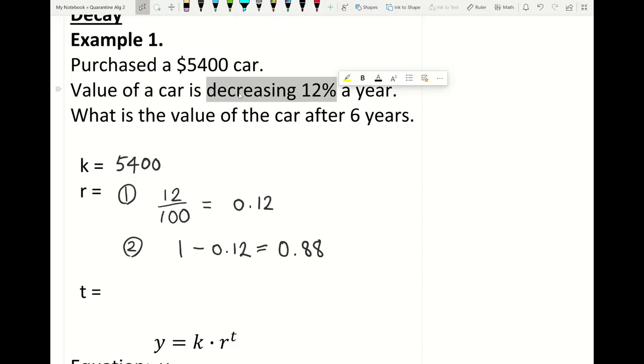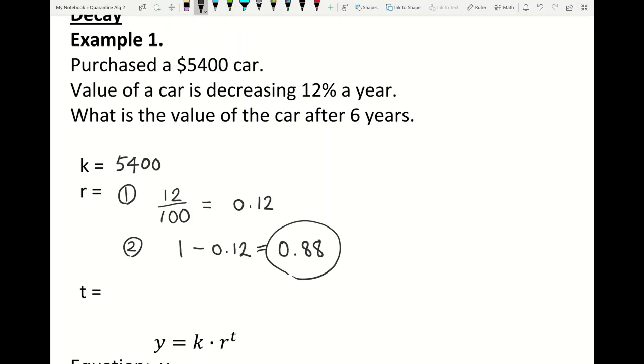You start out with 100% of a car, but if you lose 12%, don't you have 100 minus 12, which is 88% of the value of the car? And that's what that 0.88 is. It's the rate of retention, how much you're still keeping with you, and that's going to be 88%.